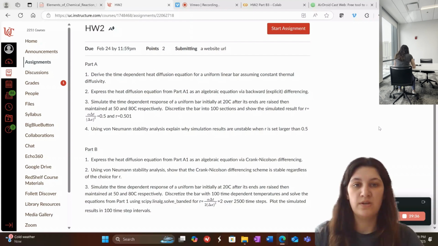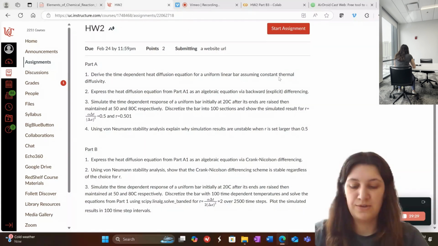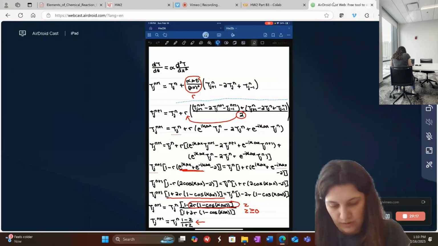So before we go over to Google Colab and start coding this, we really want to make sure we understand what we're trying to do. In the previous part, we found this equation right here.